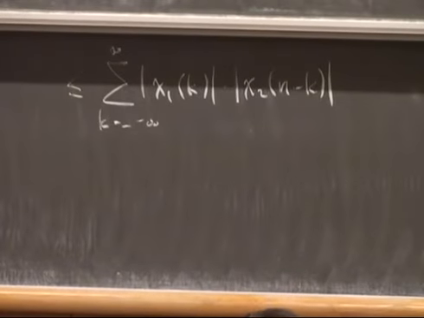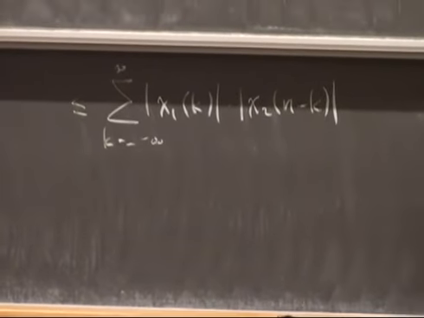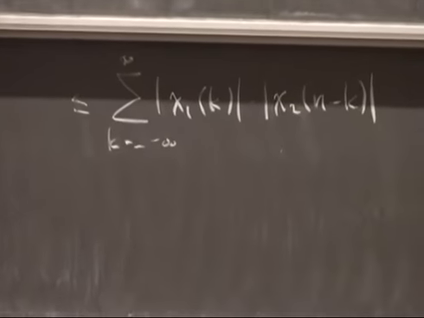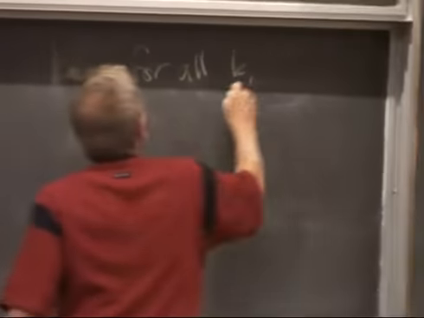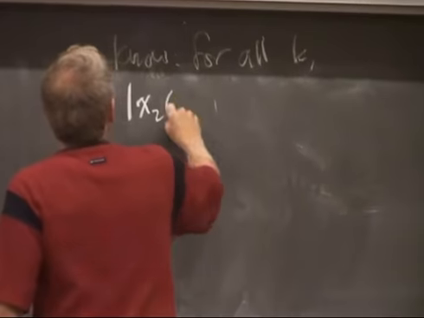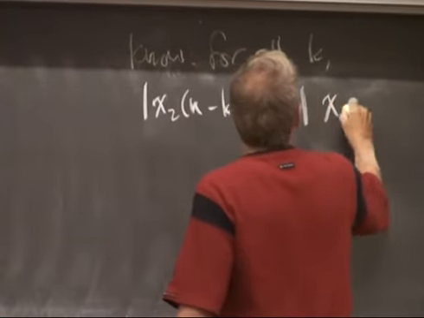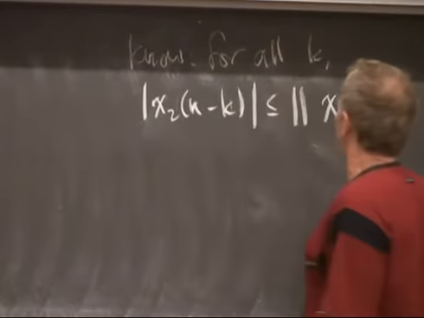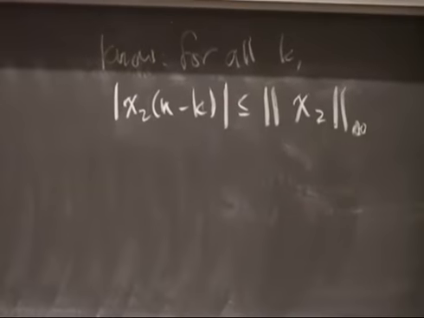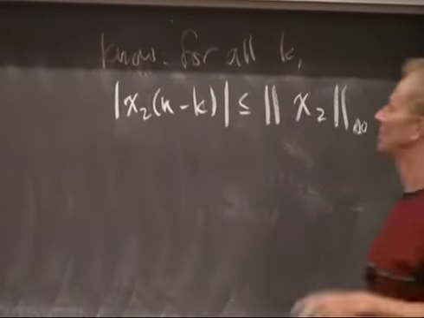But x2 is a bounded signal, so we know for all k, the absolute value of x2 of n minus k is less than or equal to the infinity norm of x2, because the infinity norm of x2 is just the sup of all of its absolute values.